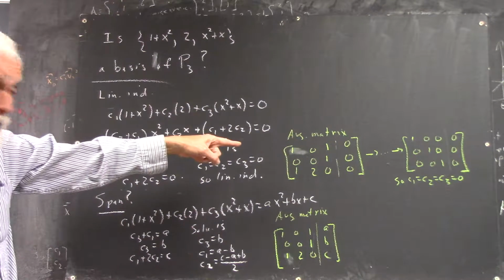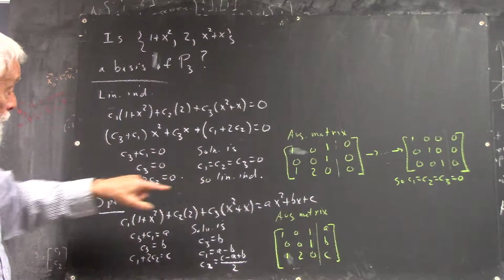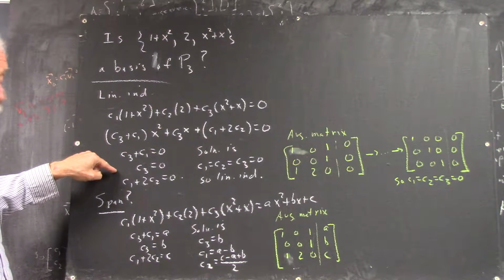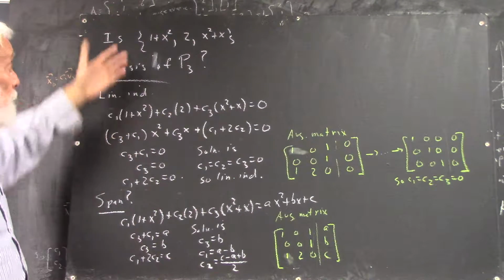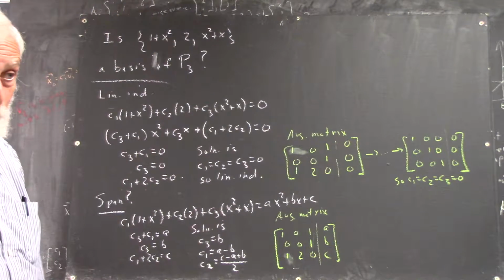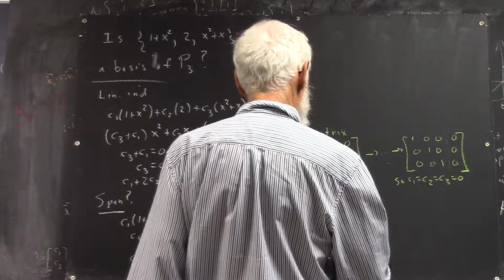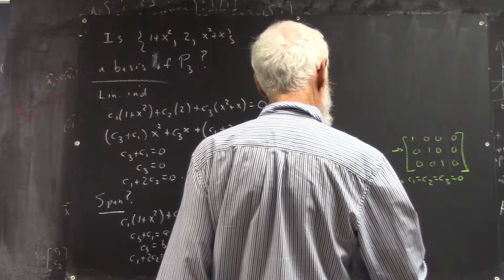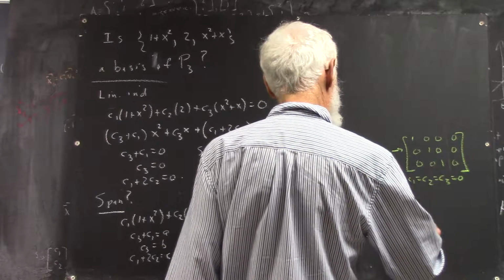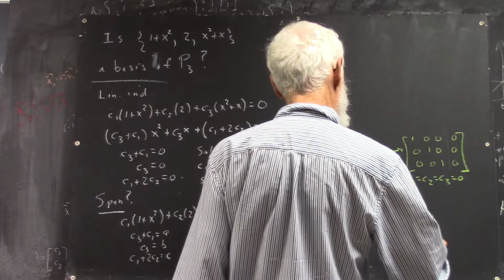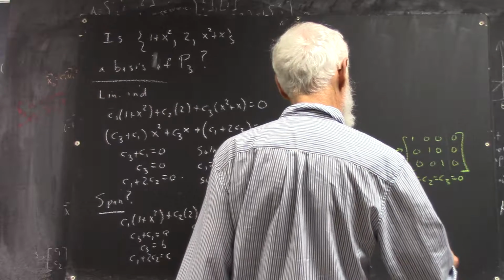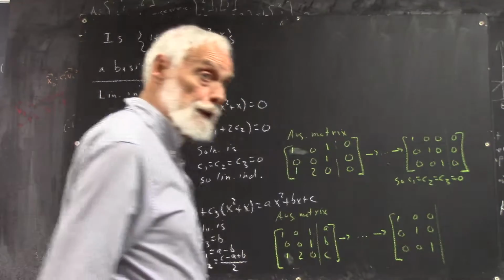It's not necessary to go to the augmented matrix here because it's real easy to solve this for this particular basis. Okay? And this reduces to the identity, right?